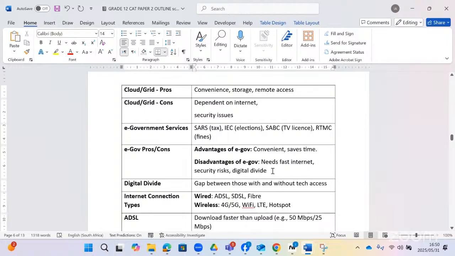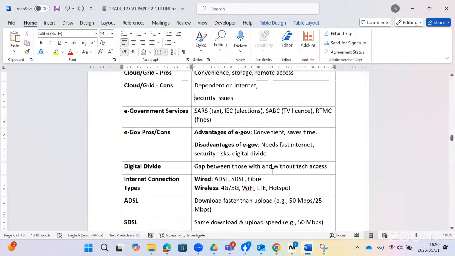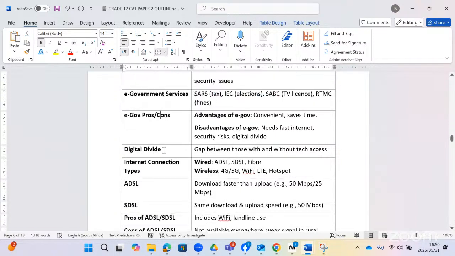There are some people where they stay, they don't have access to internet or technology, and that is the problem with the government internet services. So the pros and cons here are the advantages and disadvantages. Then the digital divide, like I said, is the gap between those with and those who do not have technology access. That's the simple definition of digital divide.